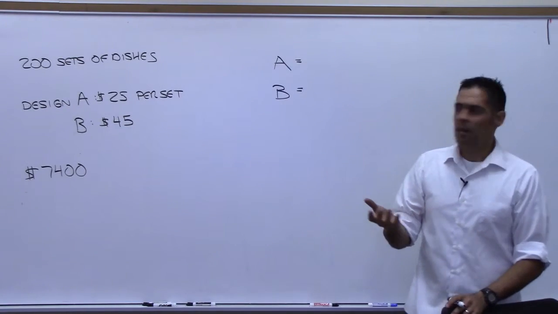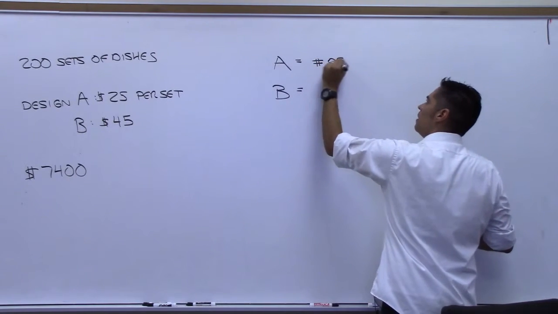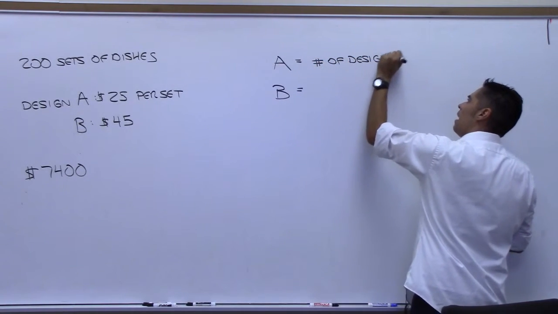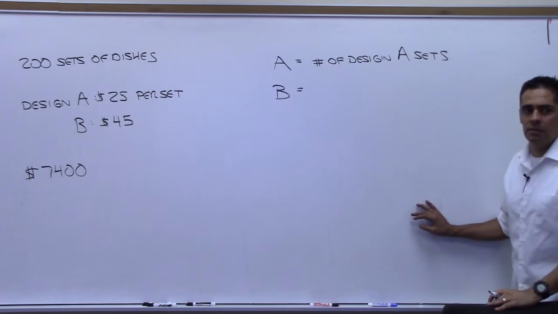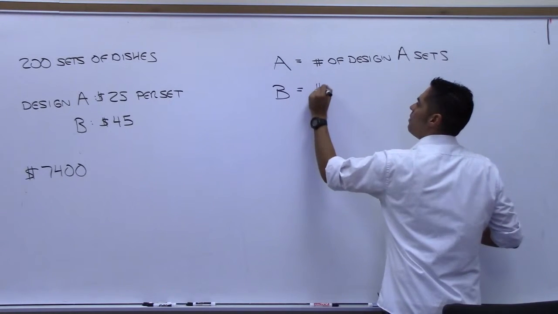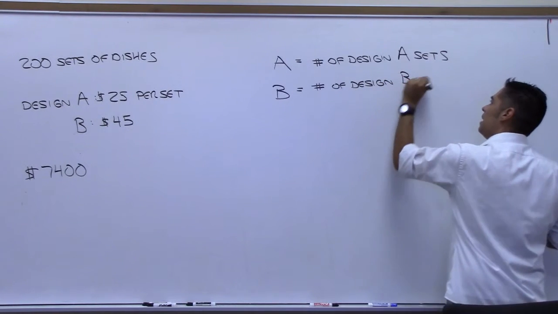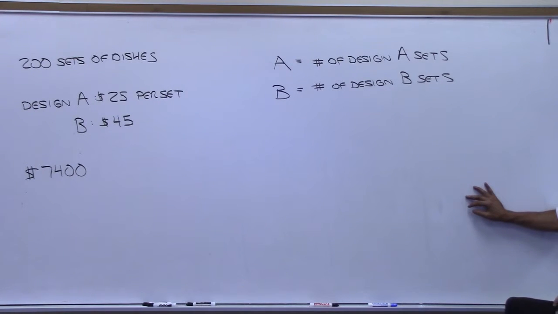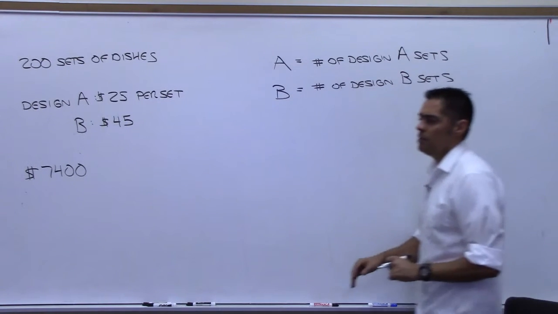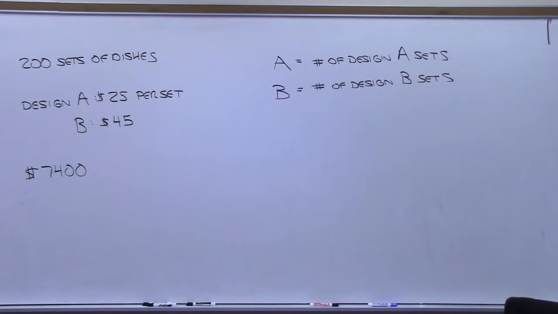If I say A, what I mean is the number of design A sets that I'm going to order. And B is the number of design B sets. At the end, it's asking how many sets of each do we order.